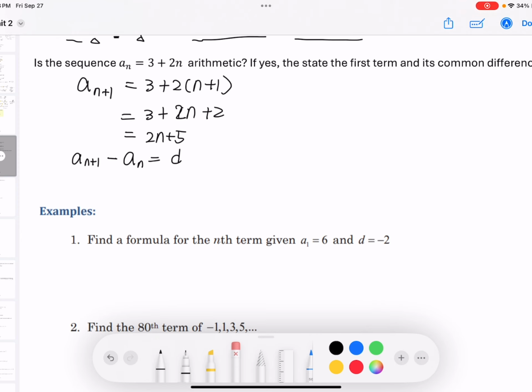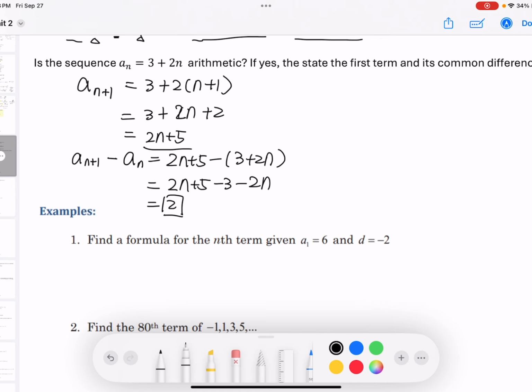Plug in a sub n plus 1, which is 2n plus 5, minus 3 plus 2n, which is my a sub n. So we have 2n plus 5 minus 3 minus 2n, which is equal to 2. 2 is a constant number. That means any term minus its previous term is equal to 2, a constant. That means it is an arithmetic sequence.